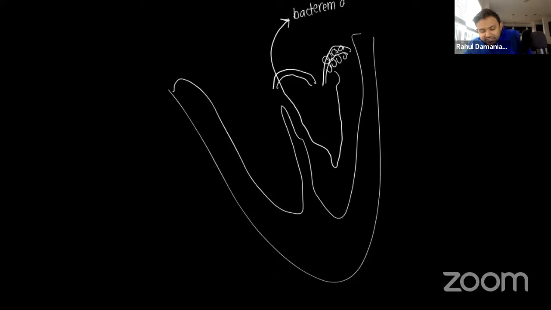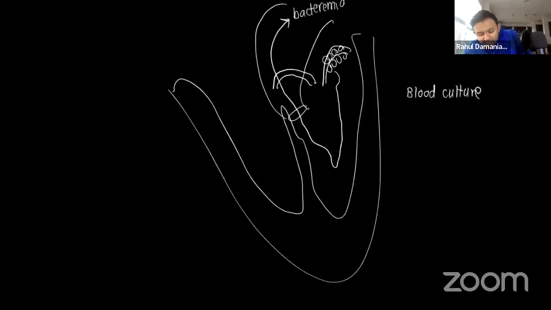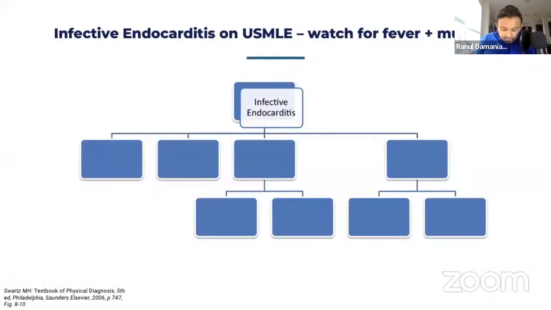So that's why one of the steps in management, when you're thinking about your bacterial endocarditis, is to grab a blood culture. Because what we are assessing for is, hey, what is that bacteria that is sticking to the valve, and can we capture that in the systemic circulation?